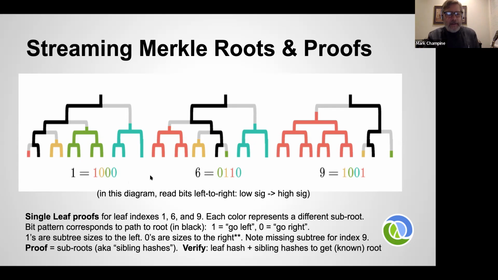So for a proof in which we're only interested in a single leaf, we do it in this way. So let's just do the middle one here. You can see these are all the same set of leaves, right?